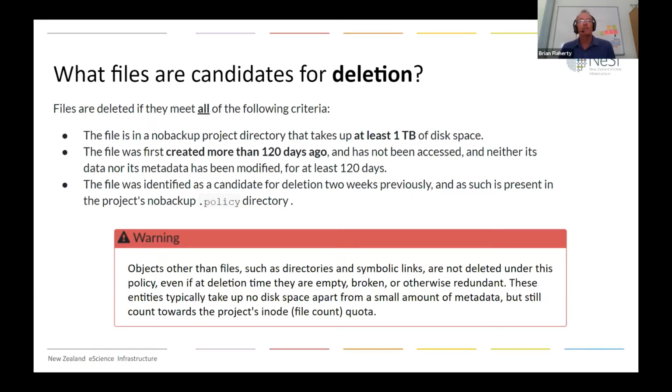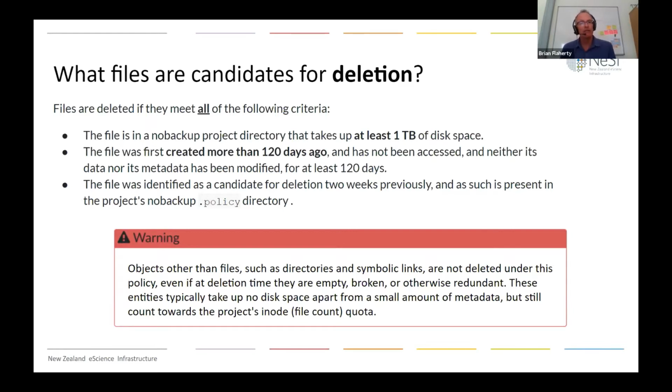The files will have been identified 2 weeks previously to deletion in a new directory called a .policy directory. The first .policy directories were created today as part of the initial rollout. As I mentioned, we're doing a staged rollout, so for the first few times that we're running this process, we're only going to be targeting a few projects and a few no backup directories.